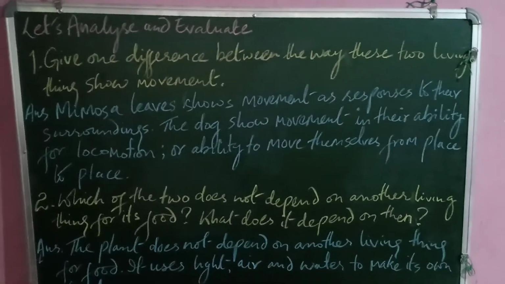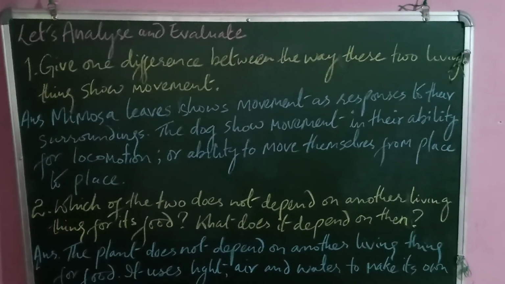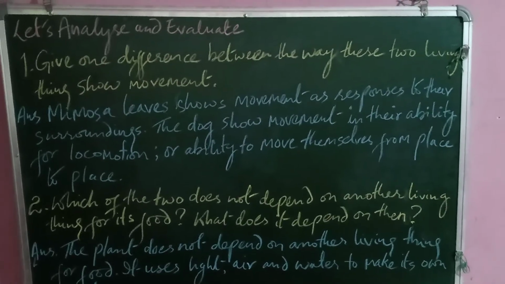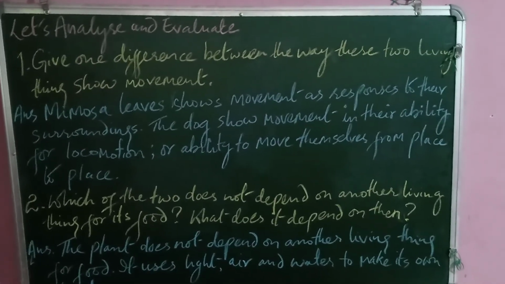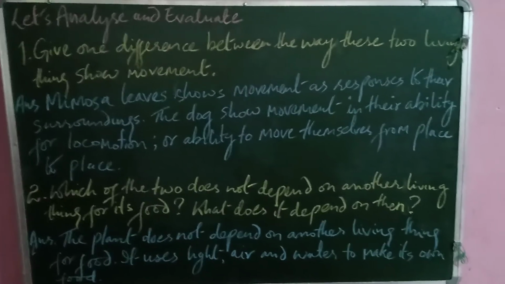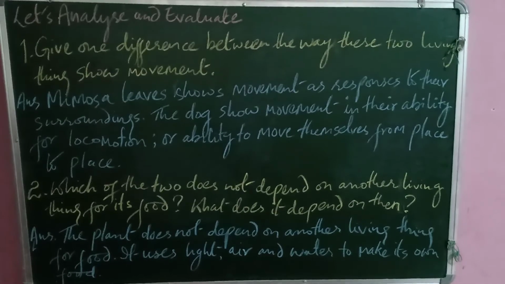The first one is mimosa. Mimosa leaves show movement as they respond to their surroundings. The dog shows movement through its ability for locomotion, the ability to move itself from place to place.